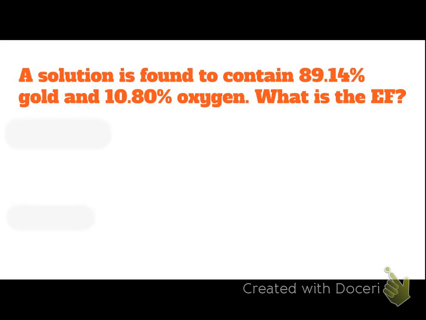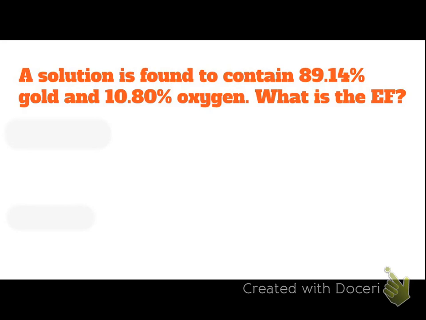All right, problem number 1. A solution is found to contain 89.14% gold and 10.80% oxygen. What is the empirical formula? Now remember what I said, step 1 was converting your grams into moles. Do I have grams here? No, I only have percentages.